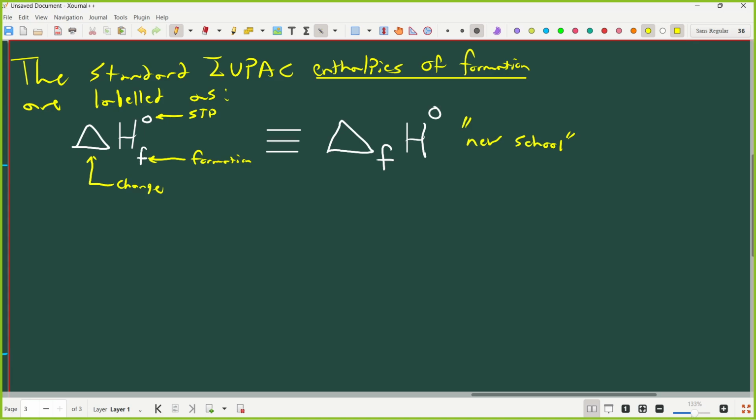I think the argument is that the enthalpy is a fixed concept, and you're measuring the difference from formation, so the F modifies the change, not the enthalpy. It's a stupid argument, but whatever. I won't take off points either way. You can use either one.